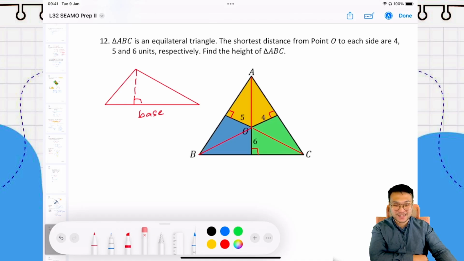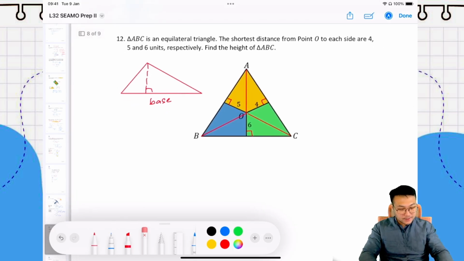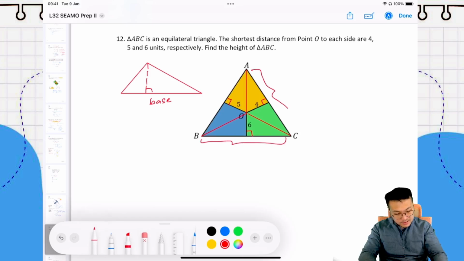Your time starts now. I would like to tell you one thing before you start. Because this is an equilateral triangle, right? So we can say that this length is the same as this length, is the same as this length, and all of them are going to be the base of the triangle. So I'm going to start off with one sentence.